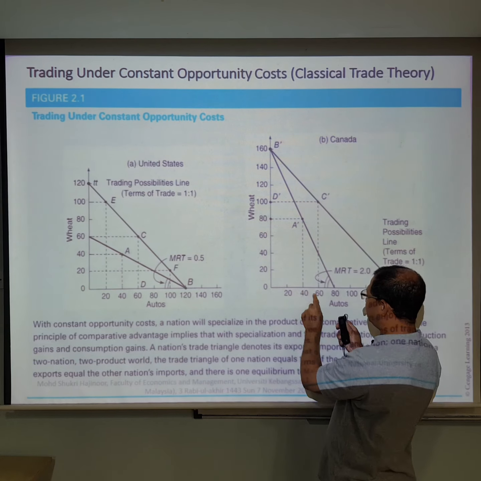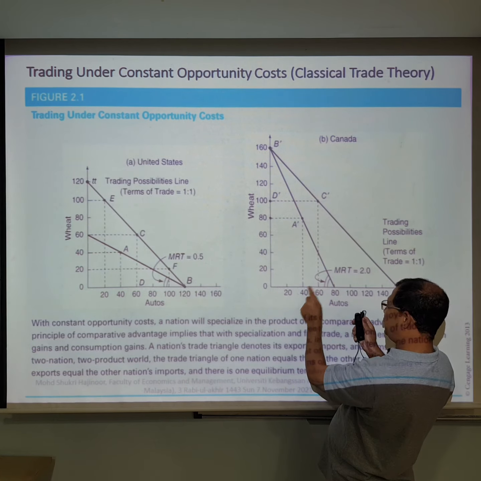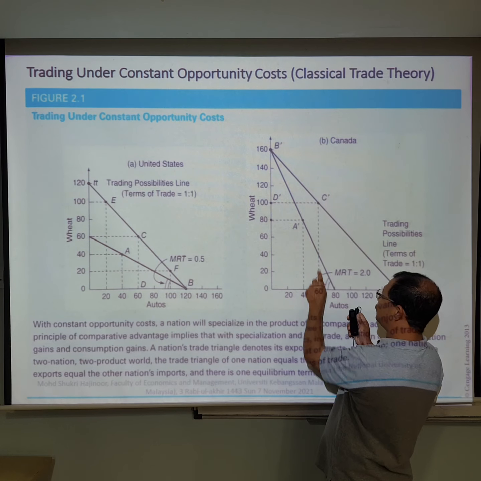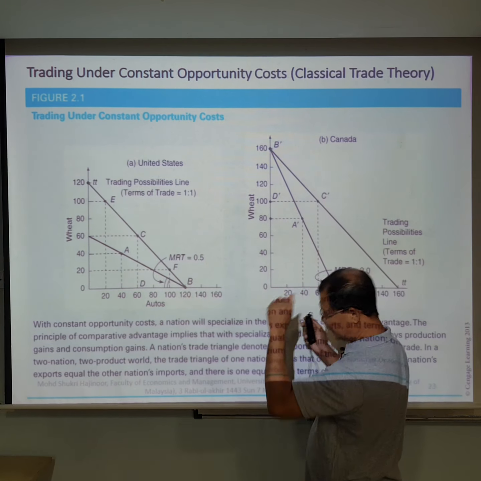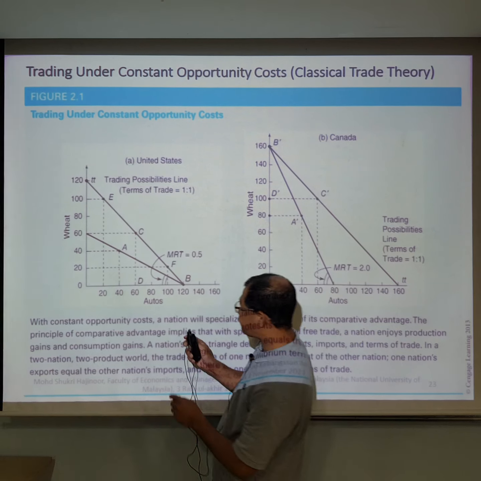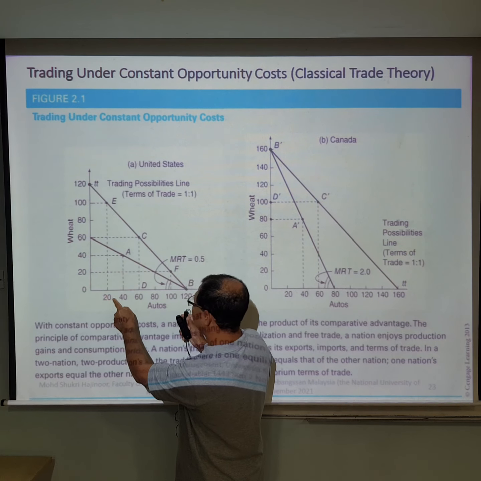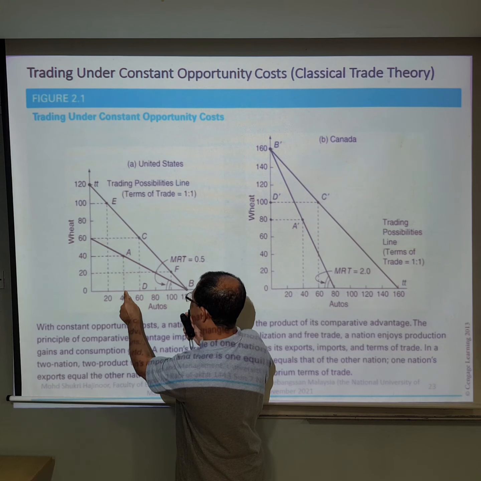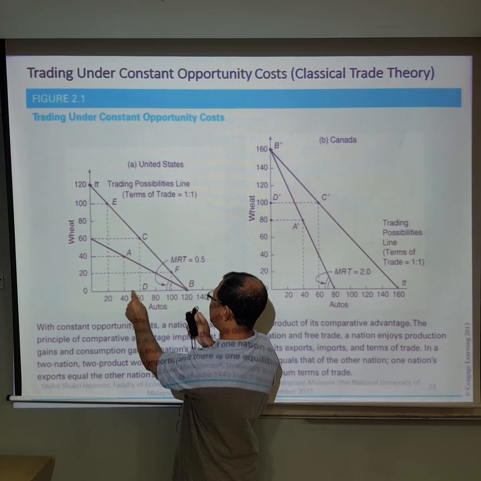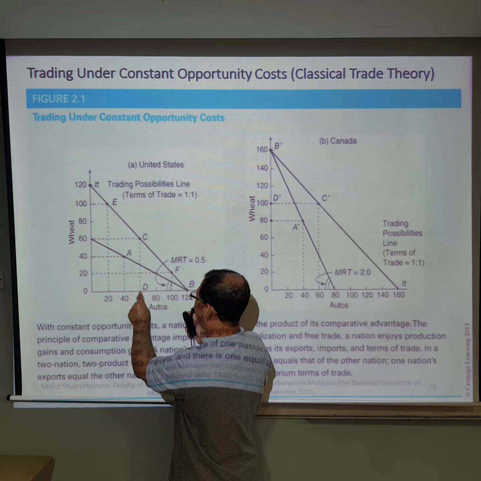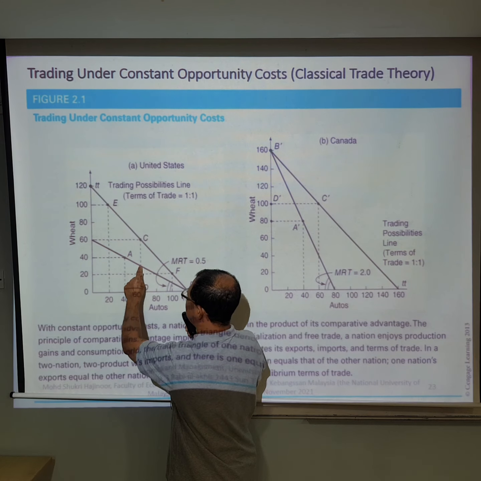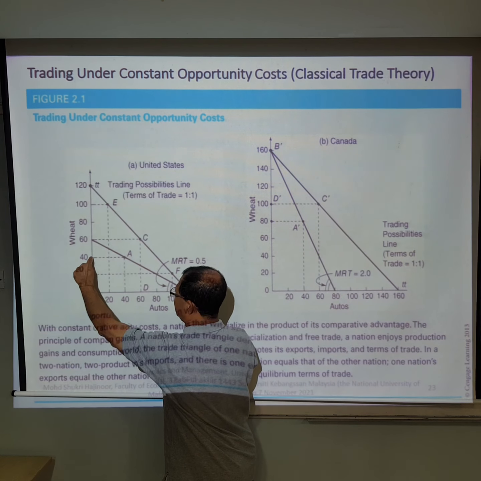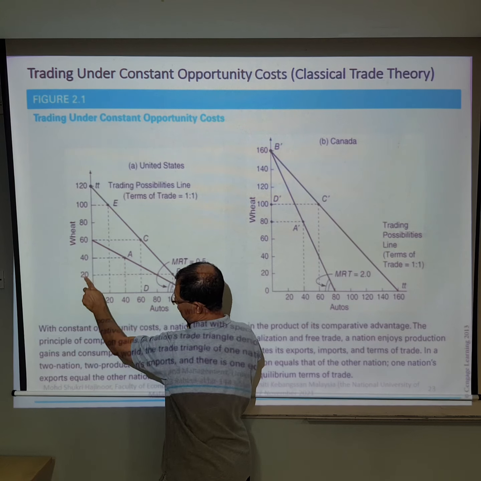For an increase by 20 in autos, wheat must reduce by 40. Let's look at the United States. Increase by 20, the same 20, so reduce by maybe 10 only.